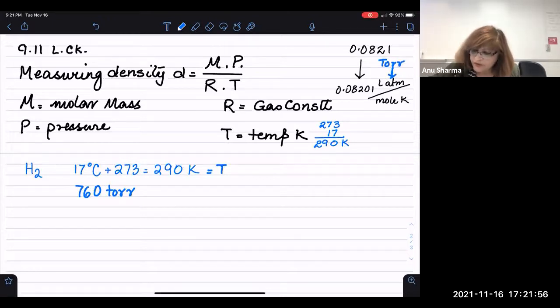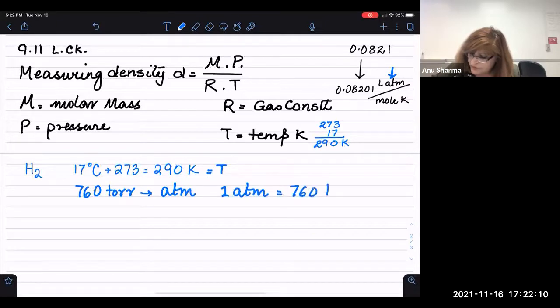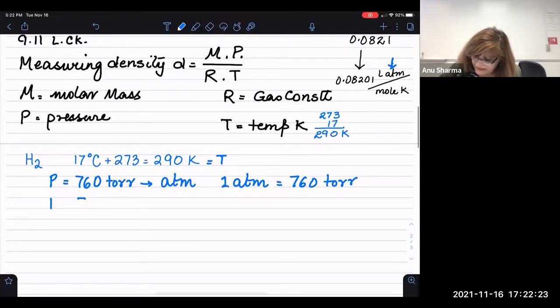We have 1 ATM is equal to 760 torr. So when you are given 760 torr, the pressure, that means that is equal to 1 ATM.